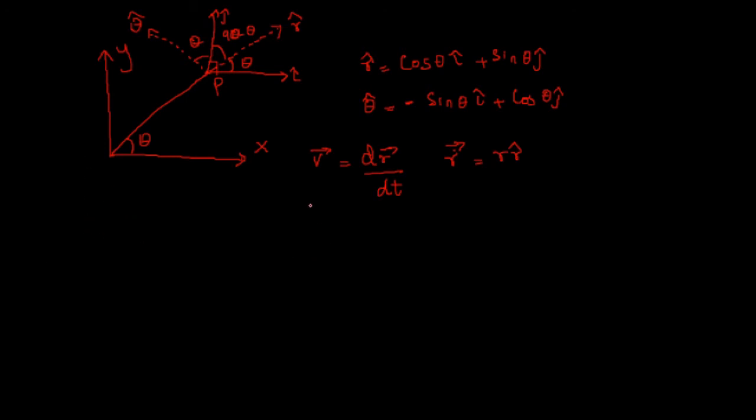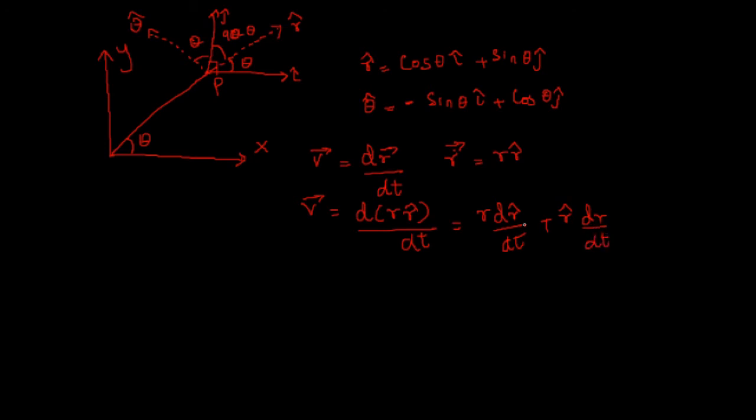So my velocity will be d of r r cap by dt, right? r cap is a variable, but it is not a constant. Remember guys, r cap is a variable over here, it is not a constant. So let me split it and write the differentiation by chain rule. First it is r d r cap by dt plus r cap into dr by dt.